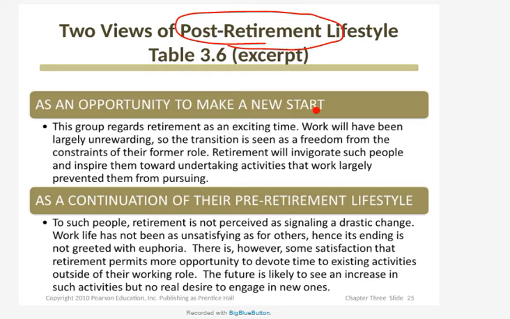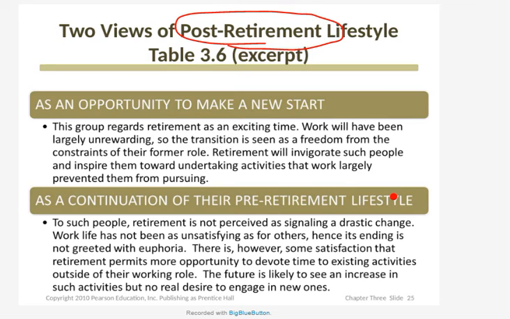He goes on vacation and does activities they couldn't do before because of working and stuff like this, and to relax. This is a lifestyle. Another retired person can see the retirement as a continuation of their working lifestyle.